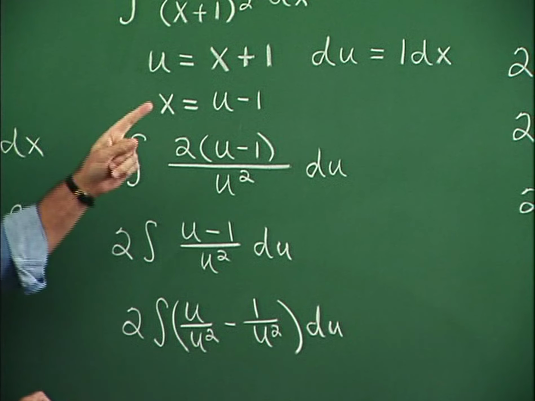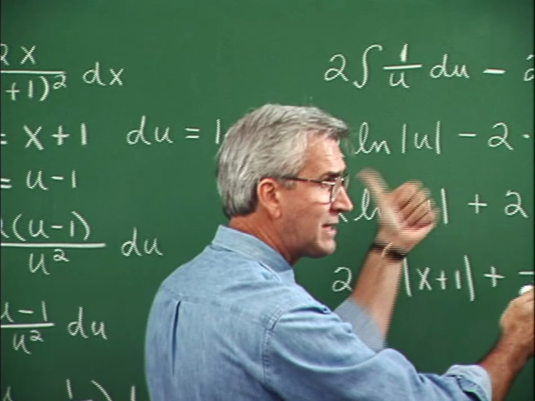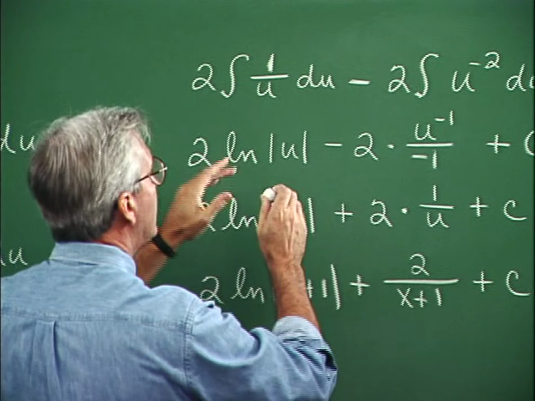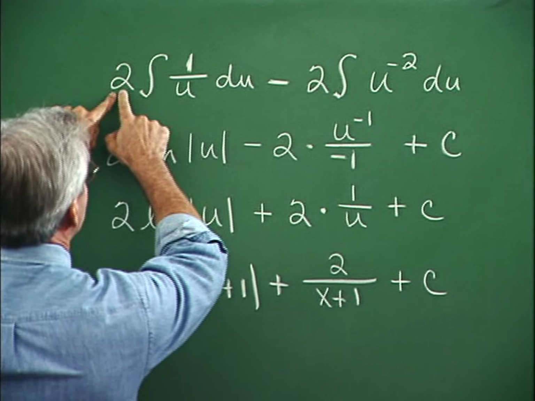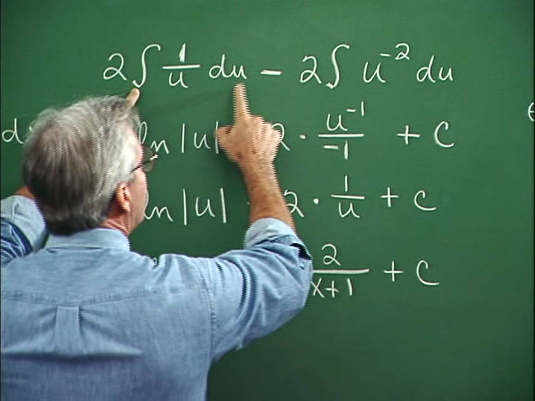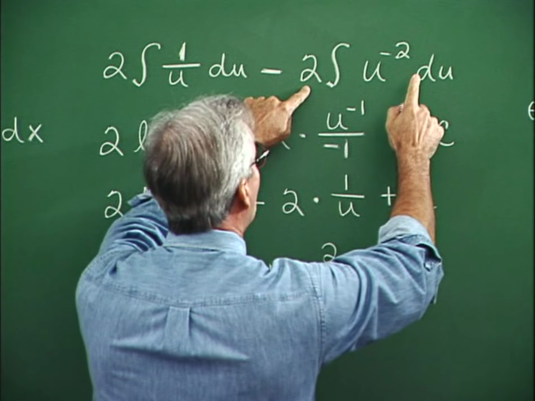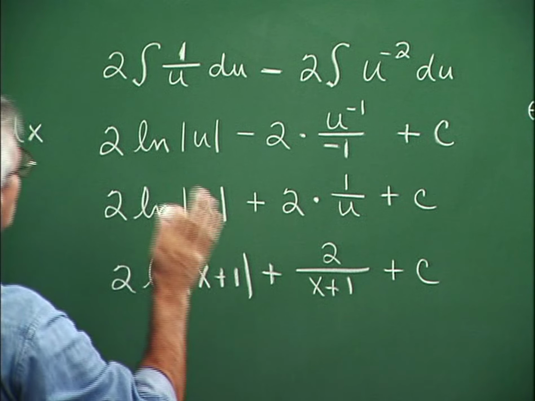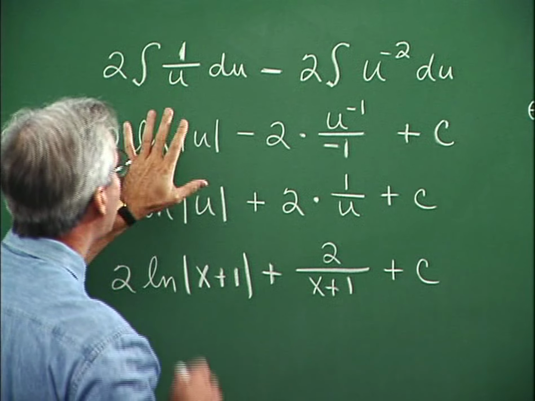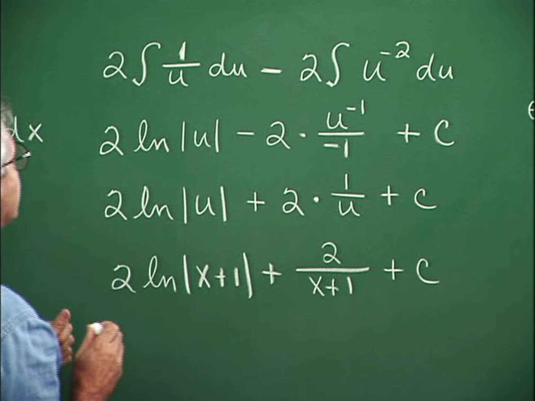So let's do that up here. Remember that 2 was outside of the integration symbol, so we have 2 times the integral of 1 over u du, and then minus 2 times the integral of u to the negative 2 power. And we just look around to see, oh, well, here we are using that idea that we talked about, the natural log idea.